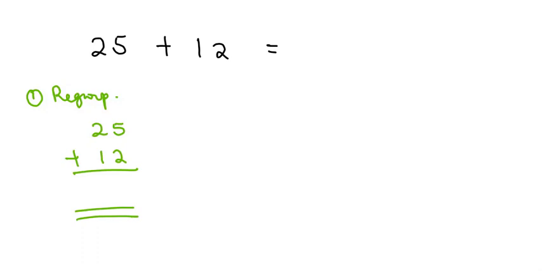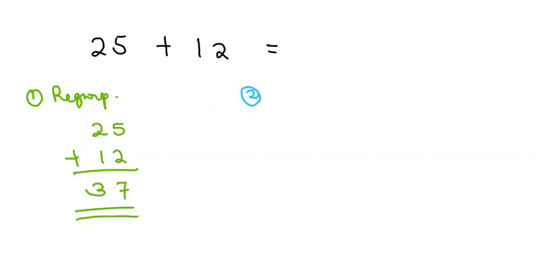So 5 plus 2, 7, 2 plus 1, 3, to give you 37. The second option that you have is to solve it in the same line.